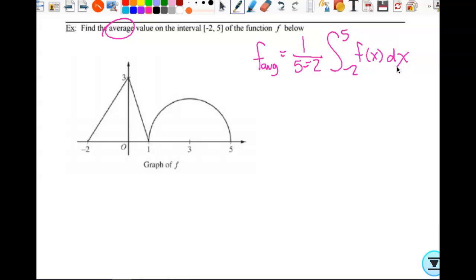That's how we find the average value. Make sense? We add it all up, and then we divide by the difference in the x's.